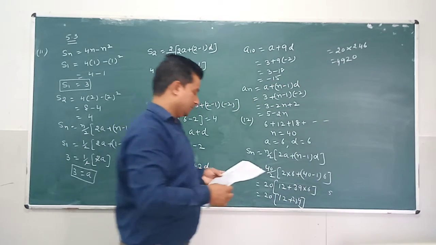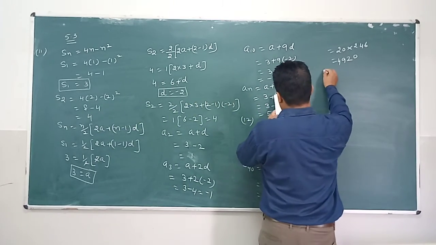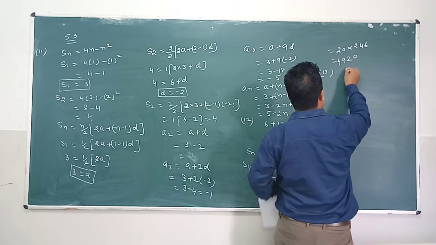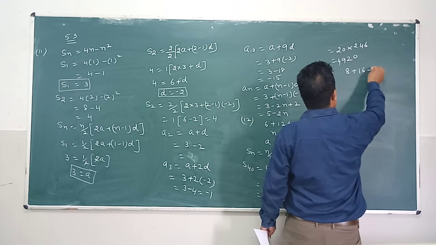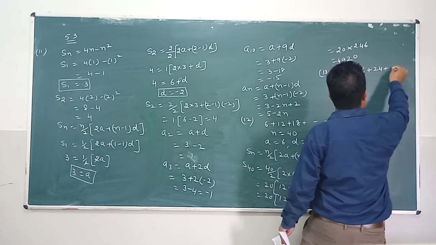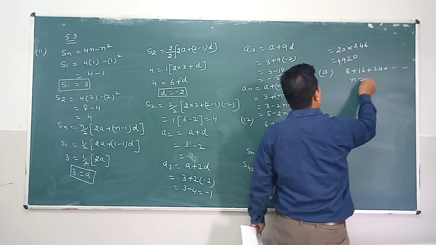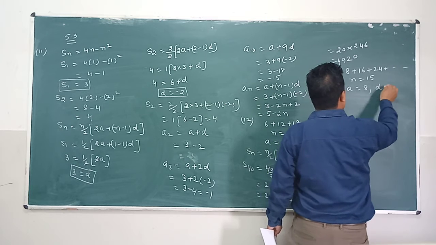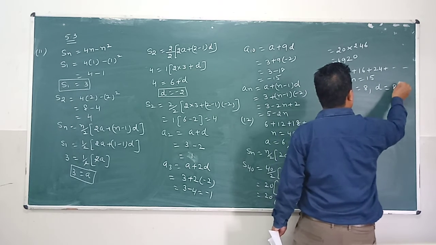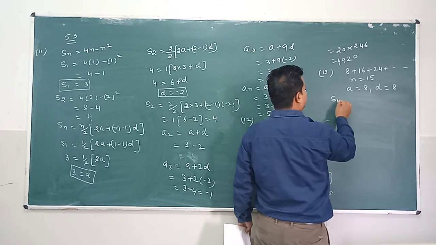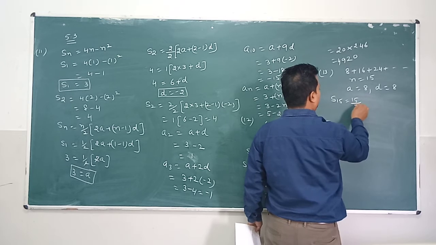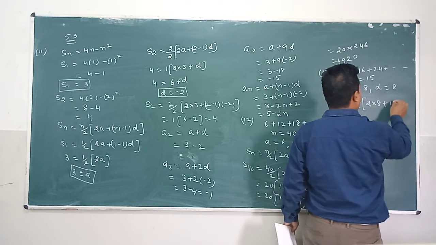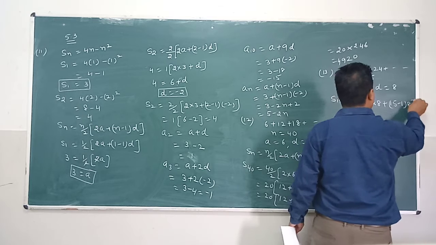4920 is the sum. In question number 13, find the sum of the first 15 multiples of 8. 8, 16, 24 are the multiples. Here n is equal to 15. So a is 8, common difference is 16 minus 8, which is 8, and S15 is 15 upon 2 into 2a, value of a is 8, plus 15 minus 1, d is 8.